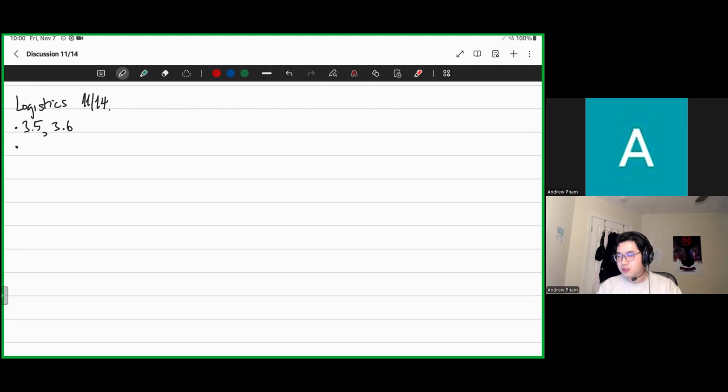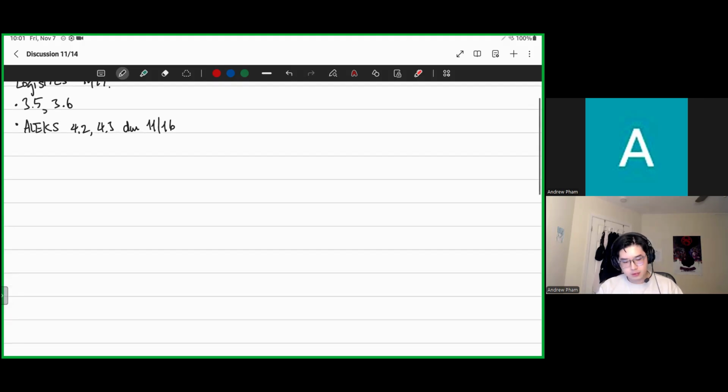The actual thing on schedule will be the last sections covered on the exam, so 4.2 and 4.3. The corresponding ALEX will be due on the 16th, the corresponding Sunday of this week. Again, no discussion on Friday, so you can use the room if you want to study in there. It's the book time, but you can also just stay home.